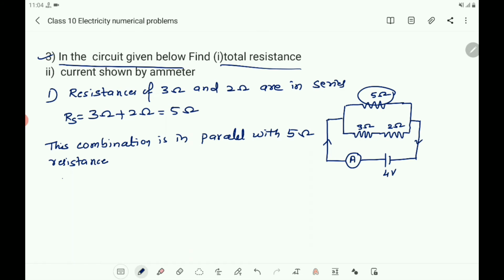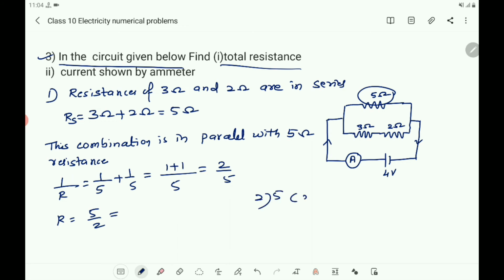So you will get 1 by R equals 1 by 5 ohm, the sum you got here, plus 1 by 5, and the LCM is 5 here, 1 plus 1 you will get 2 by 5. Then R equals 5 by 2, that is 5 divided by 2, 2 2s are 4, and you will get 2.5 ohms. That is the total resistance.